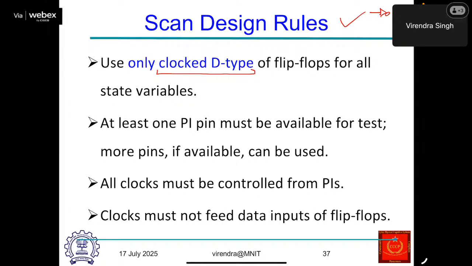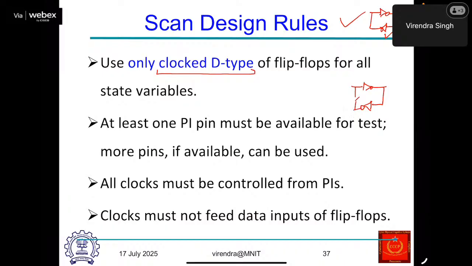What is a flip flop? A flip flop, or store element, is just a back to back connected inverter. Now, in order to write into this one, you just have a switch.